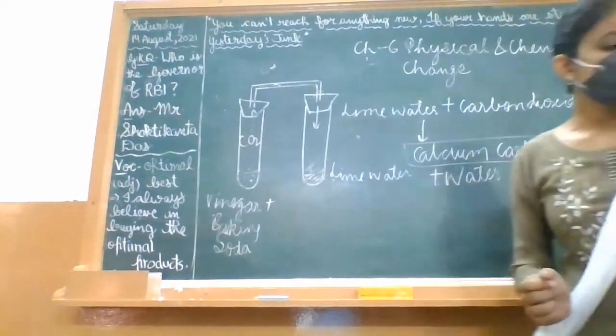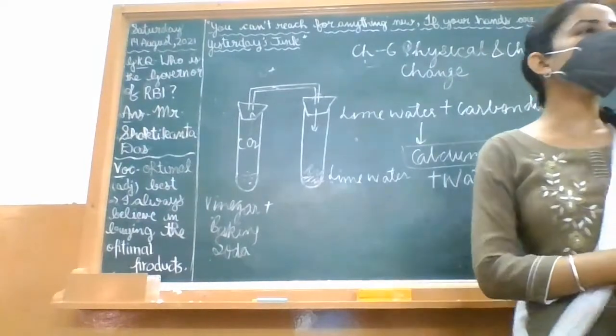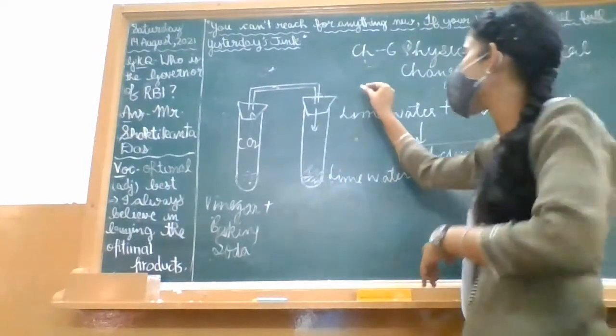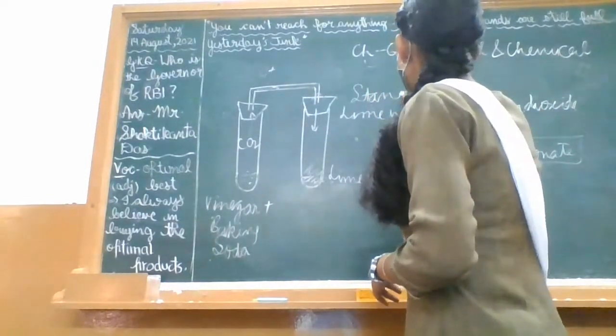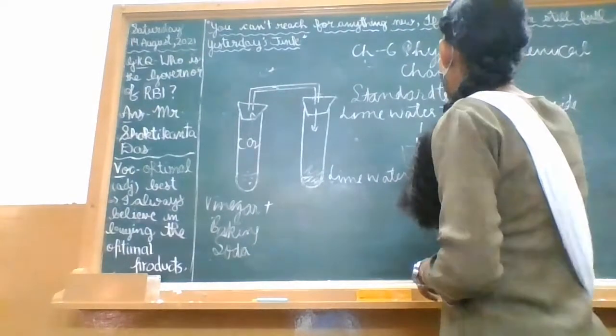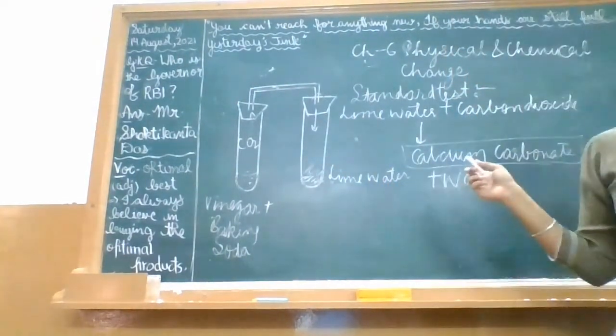Please sit down. So please underline the reaction also. You have to just learn the word equation that is given. So it is a standard test for carbon dioxide. Whenever we pass carbon dioxide through lime water, it will produce milkiness.